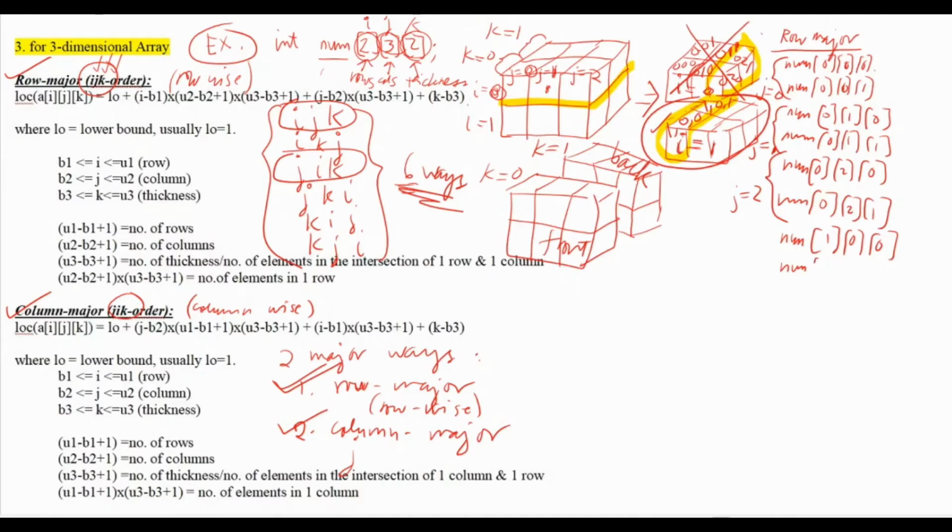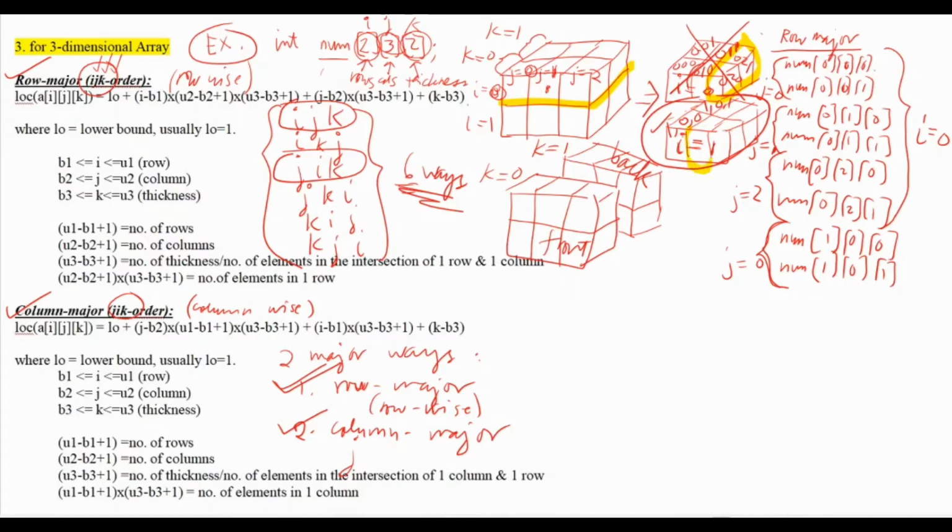So the next element in the order is num 1, 0, 1. These are the two elements on the first column of the second row. This part here is when your I is 0, or the first row, and these two here are the two elements of the first column of the second row.